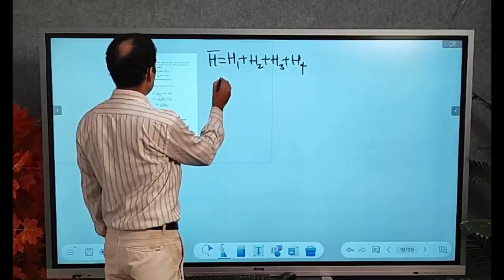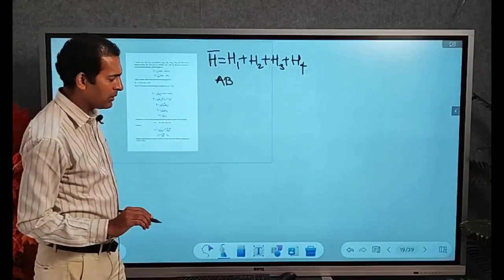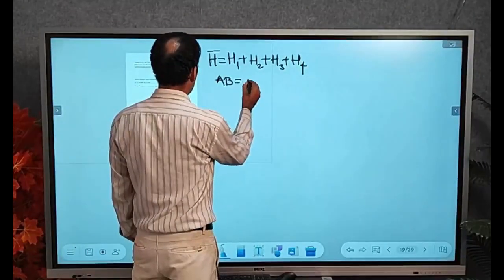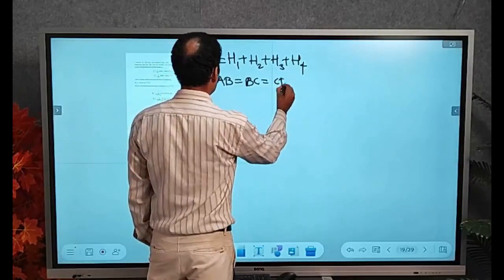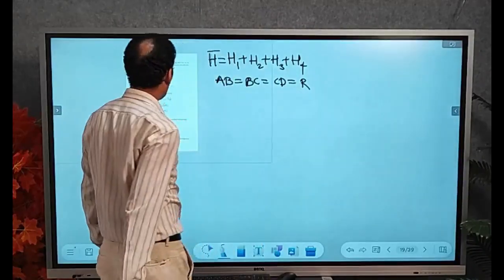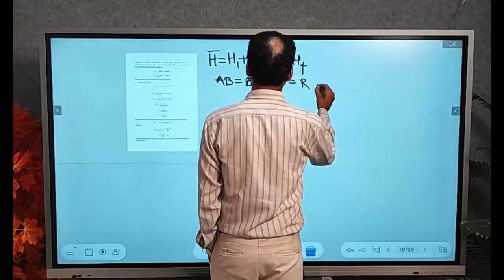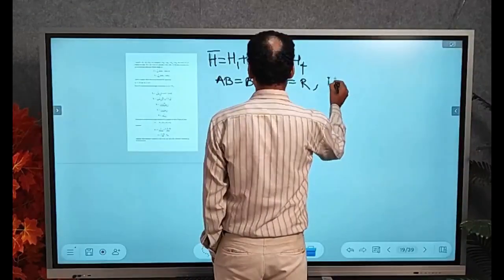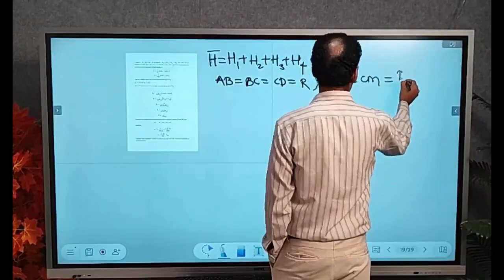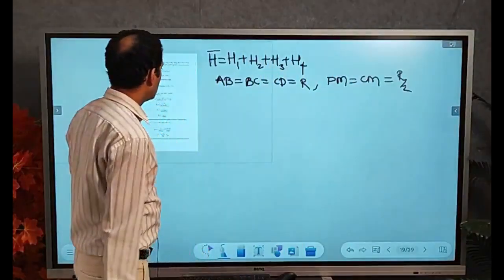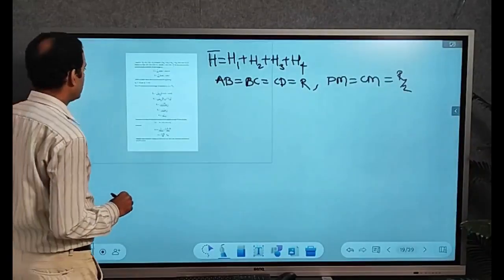Now say they have some distances A, B, right? It is a square, so all sides will be the same. Say AB will be equal to BC equal to CD. Let us consider it as say R. And the half distance between them, say PM or CM, will be equal to R by 2. So we should draw the diagram and refer to our discussion with the diagram.